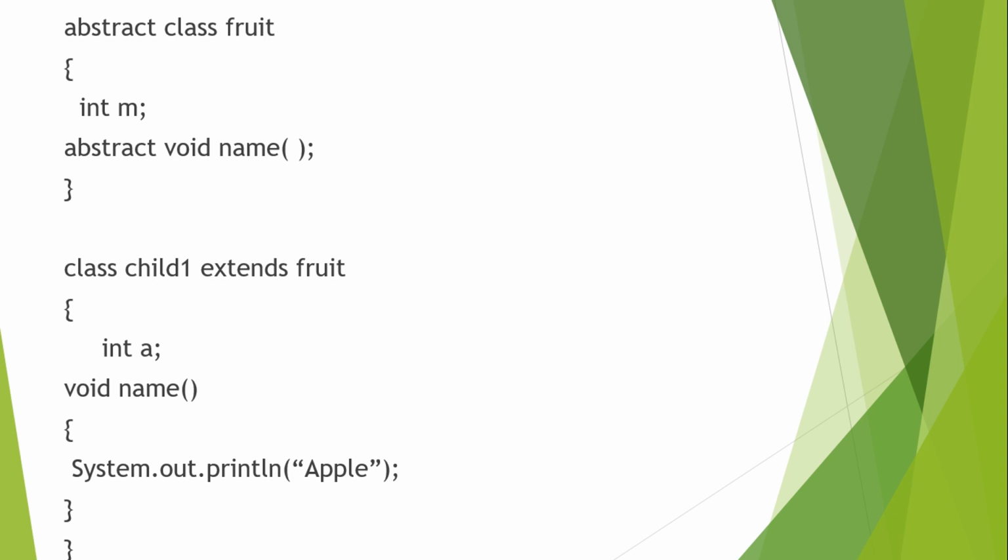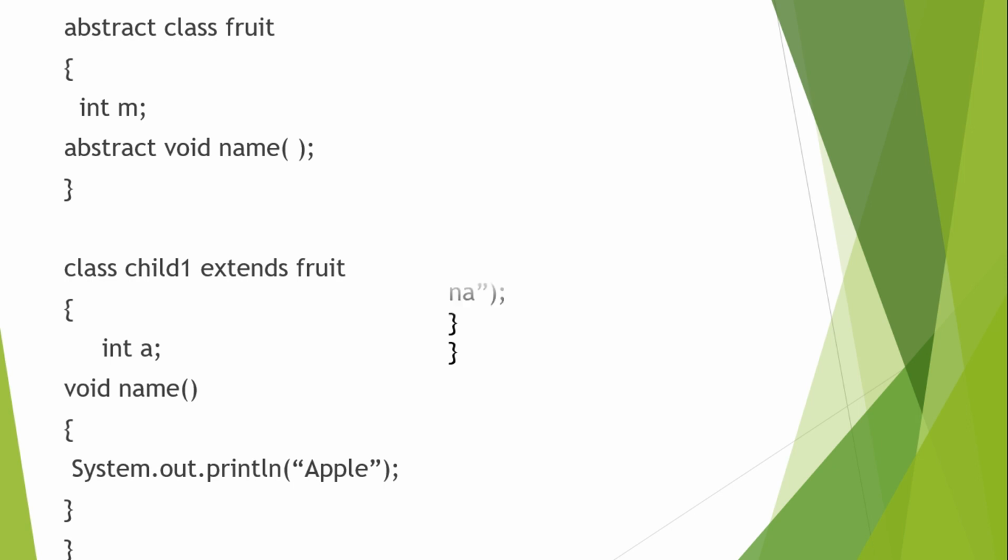Then I'm creating the body of the name method, which is an abstract method whose body is not declared in the base class. So I have to create the body of the name method in the child class. It is mandatory. Here I have just written a basic method, a normal print statement.